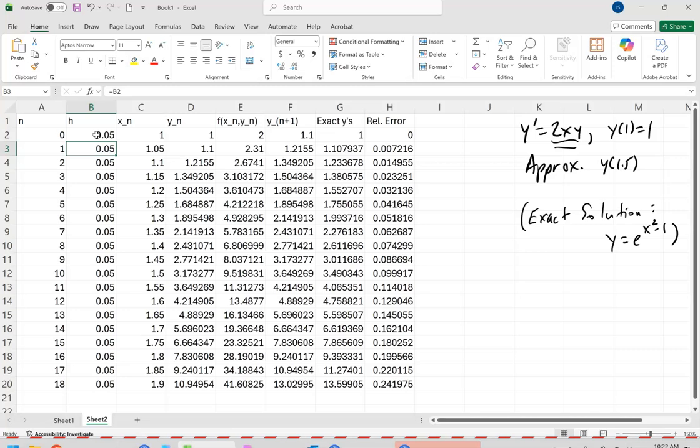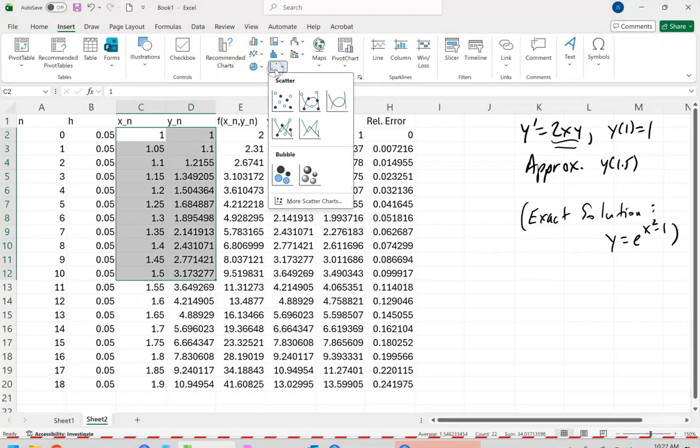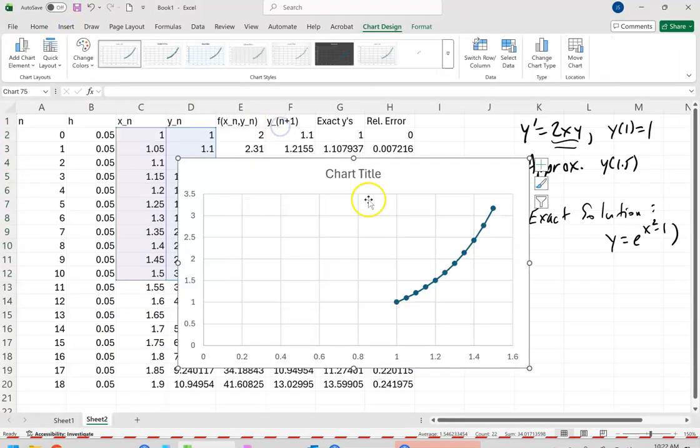Okay. We should also be able to look at those graphs again like I did before. So here was, let's just do that part. Come on. Insert a chart. 2-dimensional. There's what the solution curve looks like.